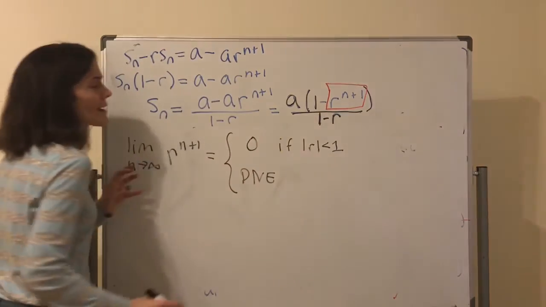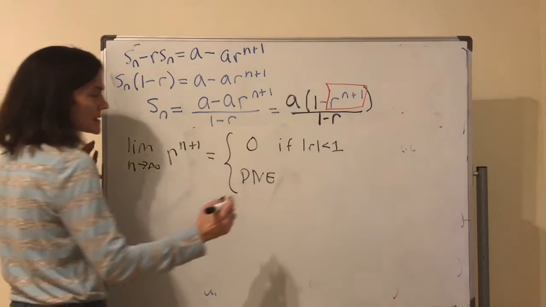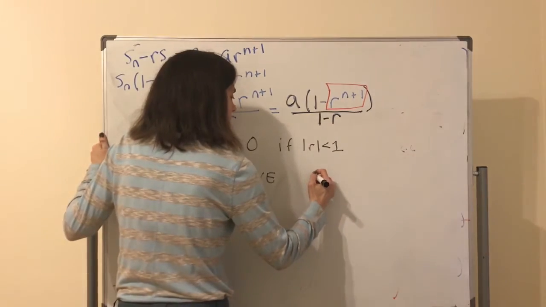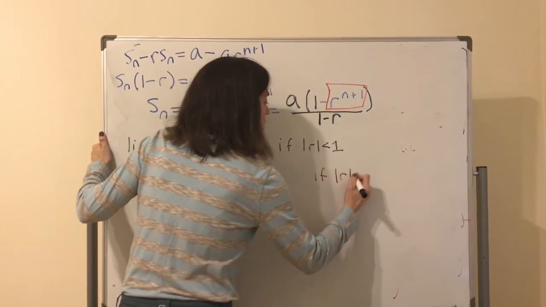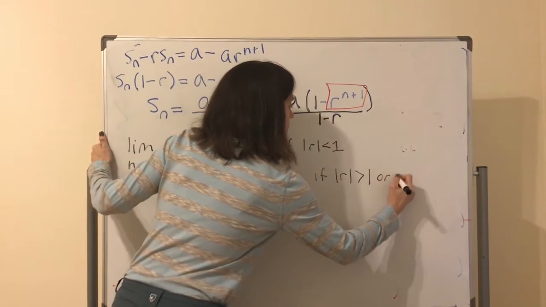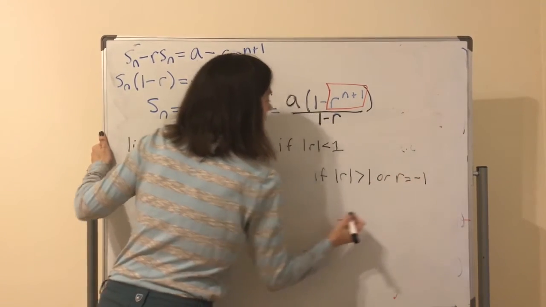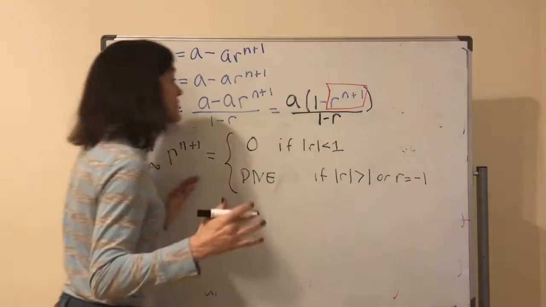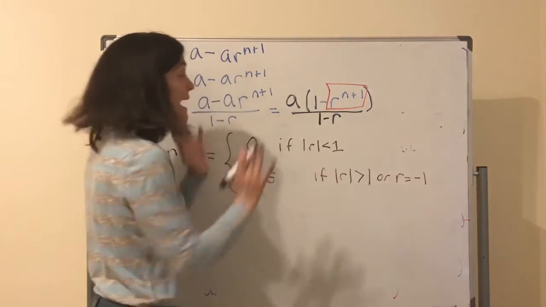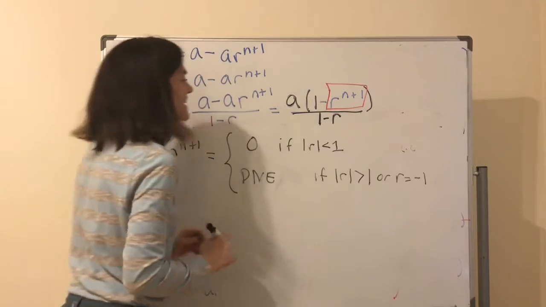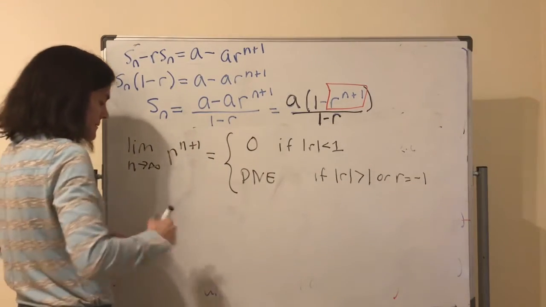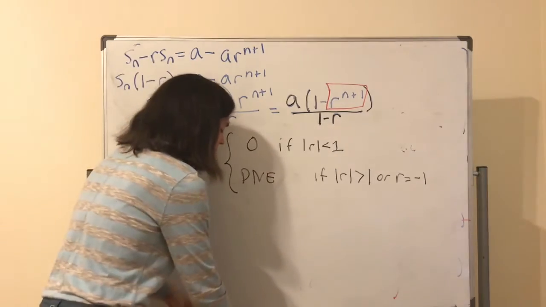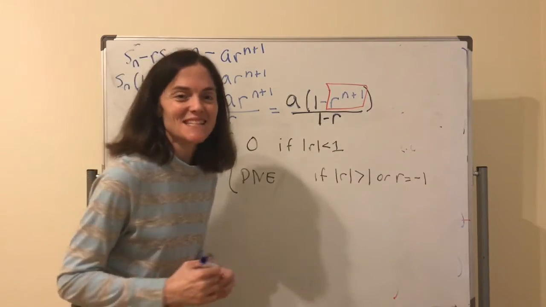This would be if the absolute value of r is bigger than 1, or if r equals minus 1. And then, of course, the limit is 1 if r is 1, but I am in the case where r is not 1.